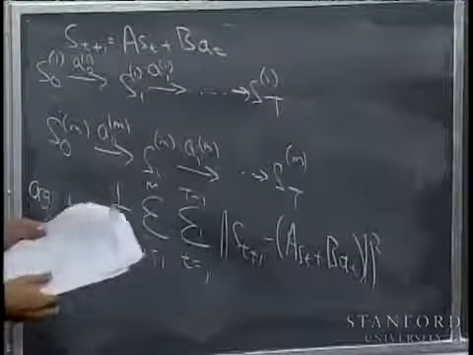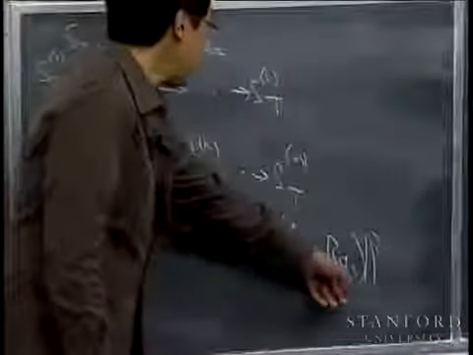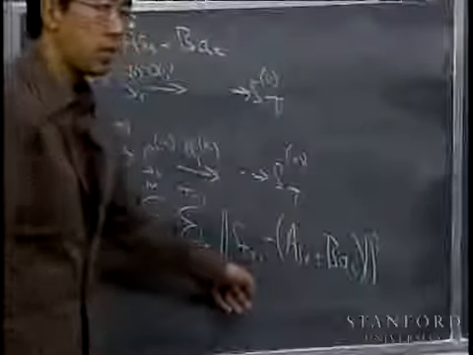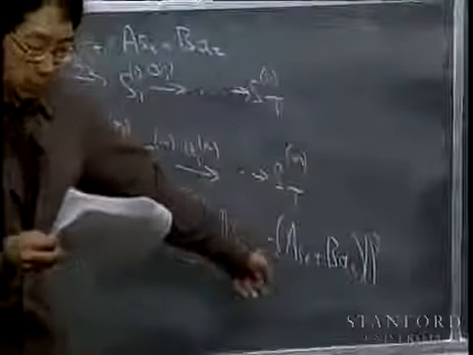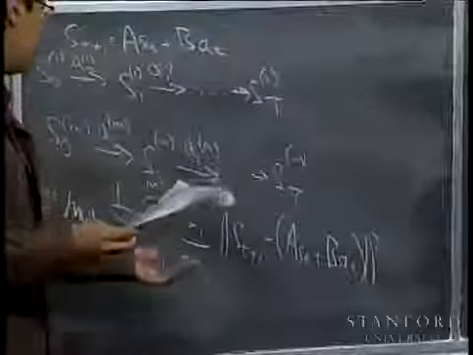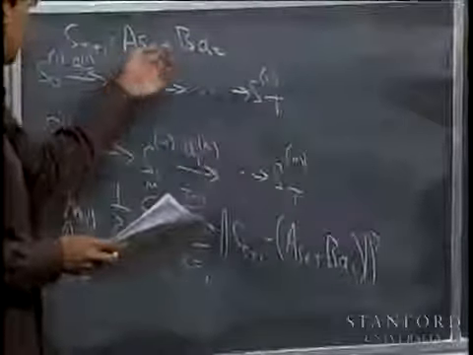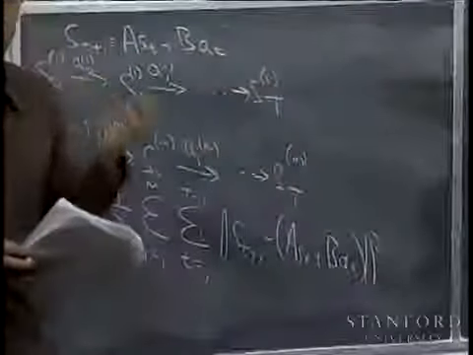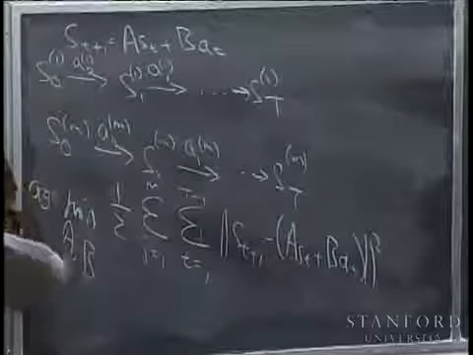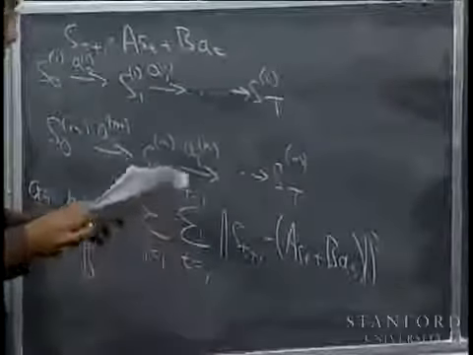This says, how well does A st plus B at predict st plus 1? So you can minimize this quadratic penalty term, and this would be one reasonable way to estimate the parameters of a linear dynamical system for a physical robot or a physical chemical plant or whatever it may be.